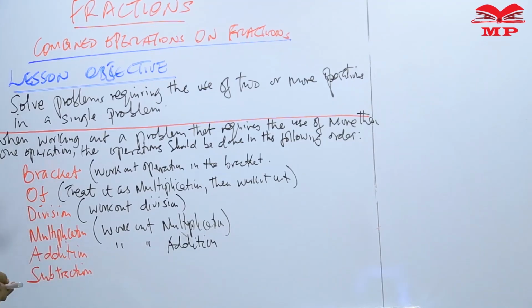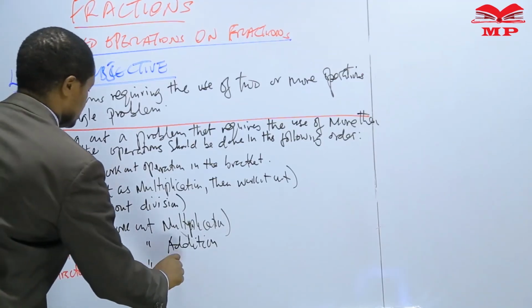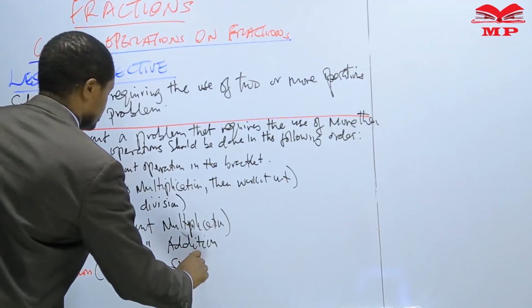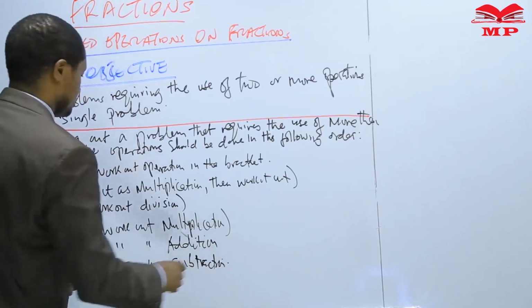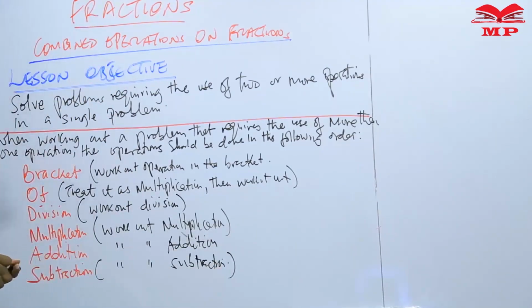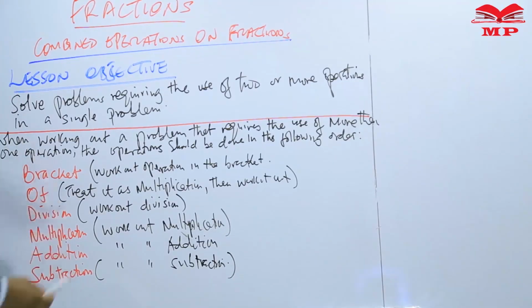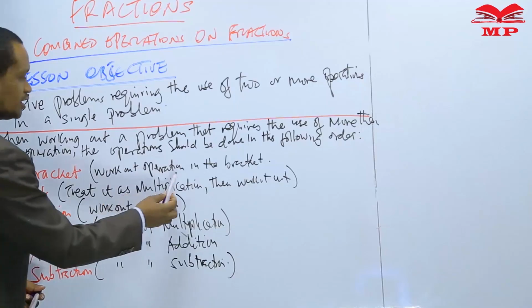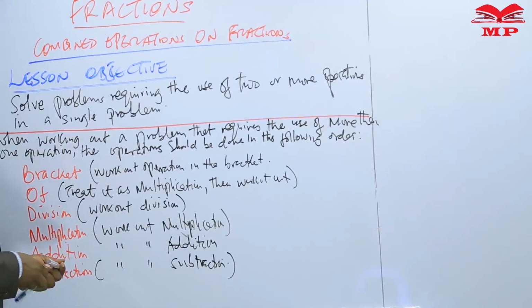The order has to be followed. You'll work out subtraction. So this order has to be followed. If you have a bracket in a problem, work out the operations in the bracket first.